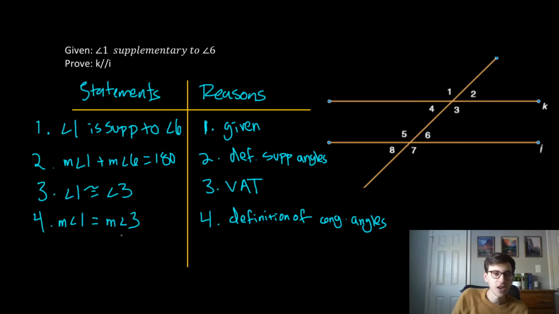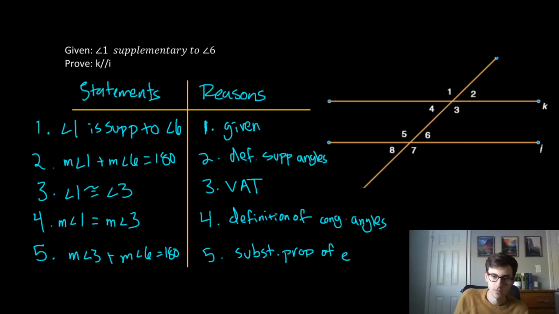Okay, so now that I have this, I know that 1 is equal to 3. I know that 1 plus 6 is 180, so let's go ahead and substitute that in. The measure of angle 3 plus the measure of angle 6 equals 180. And that's just by the substitution property of equality.